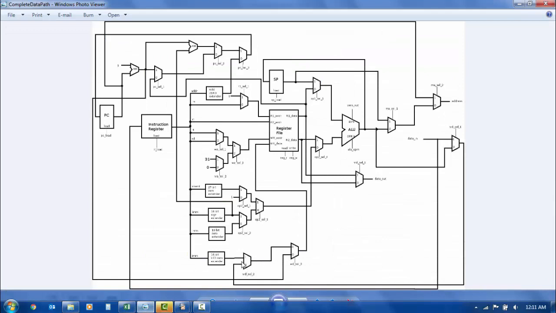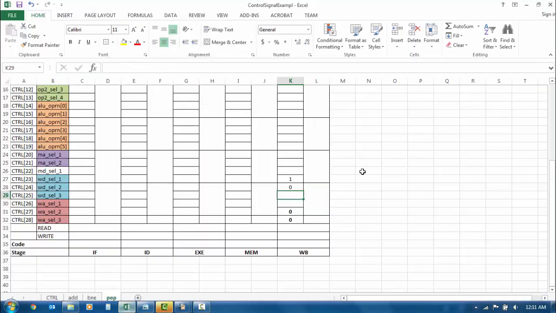Then WD selection 3 as 1, right? Memory data is selected. Okay, so this is a must for the write back into the register 0.